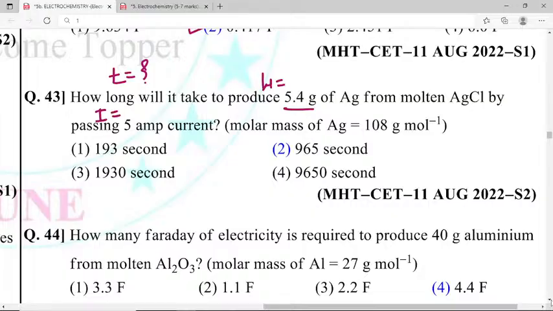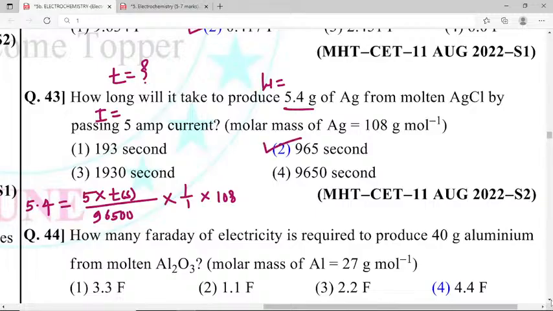W, 5.4, is equal to current in ampere, 5, multiplied by time in seconds, divided by 96500 coulomb, multiplied by silver mole ratio 1 by 1, multiplied by molar mass 108. If you solve this for t, the time, 965 seconds is your answer.